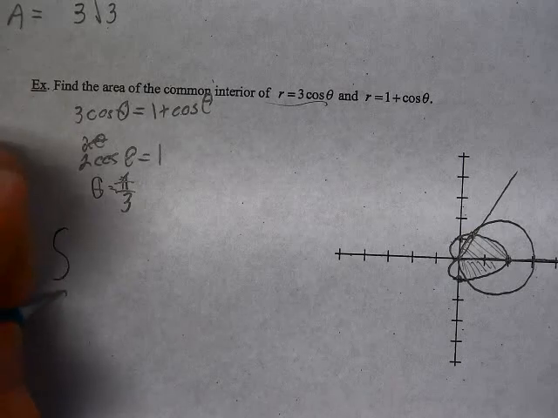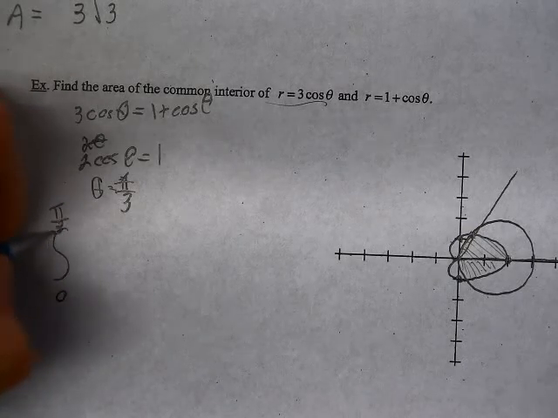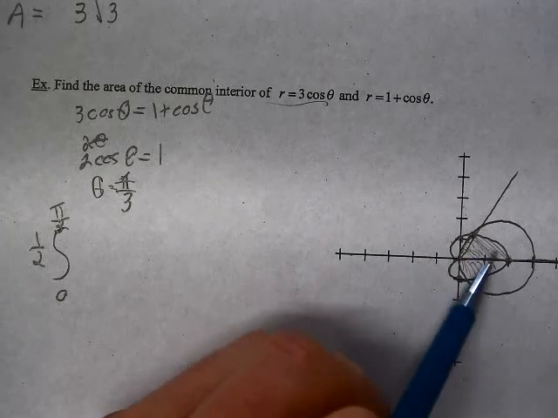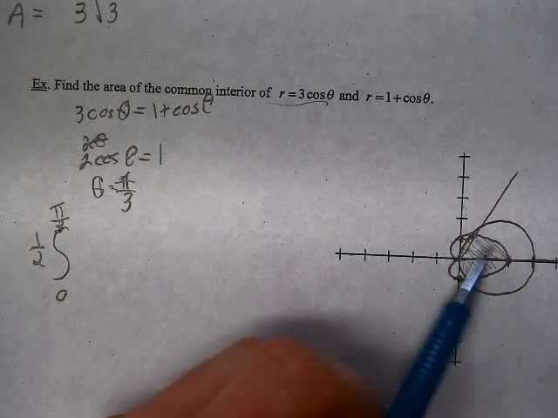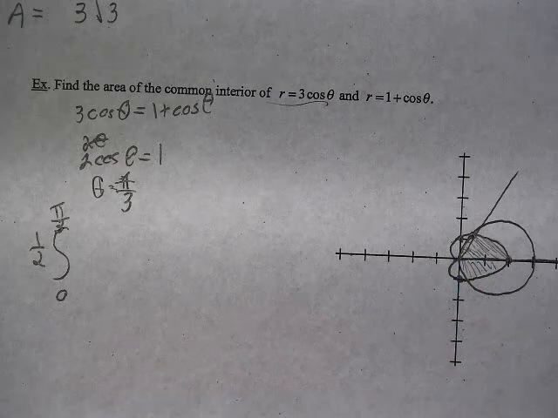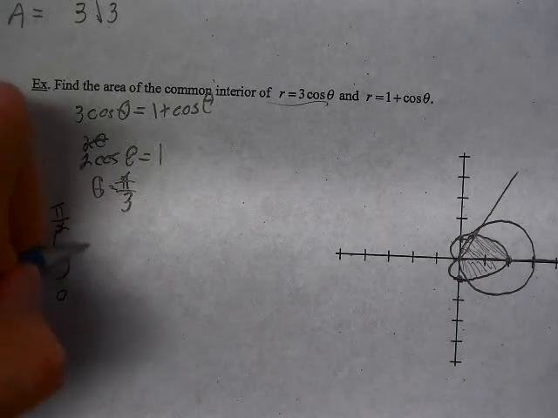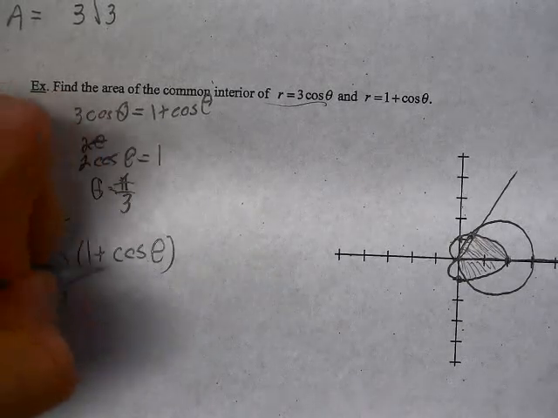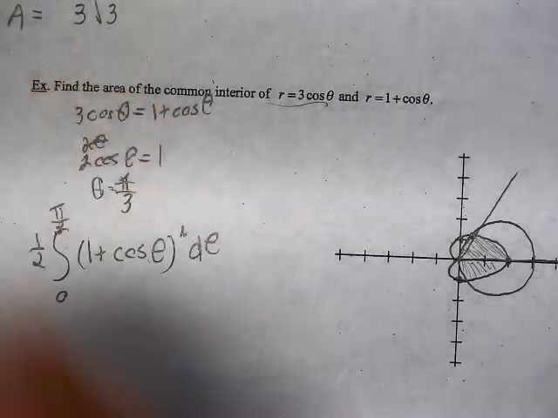So if I integrate from 0 to pi over 3, this is just the area that's inside this inner shape. So I'm going to integrate 1 plus cosine squared d theta.